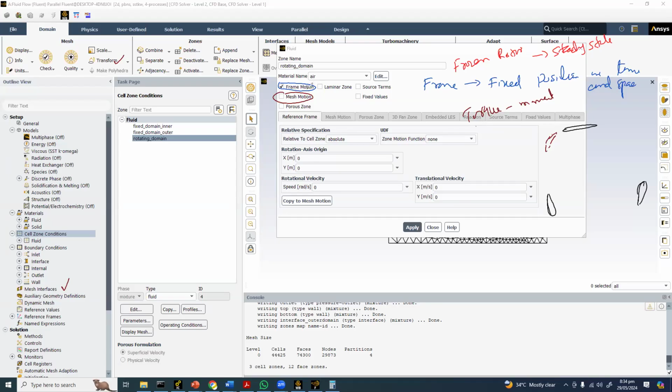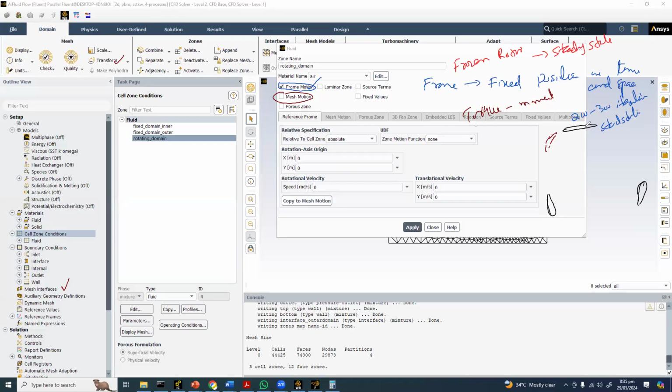The answer is that initially I will solve the frame motion. Why? Because I want to get a converged solution at one position. Once I start to rotate the geometry, it should have a converged solution from where I am going to start. So on the fixed position, maybe 200 to 300 iterations should be enough in steady state mode.